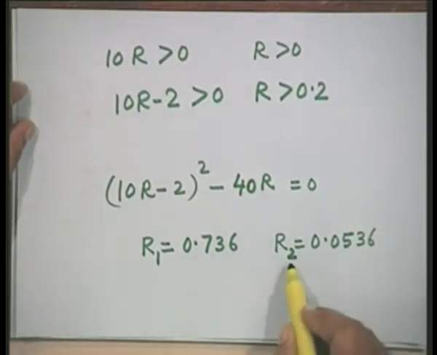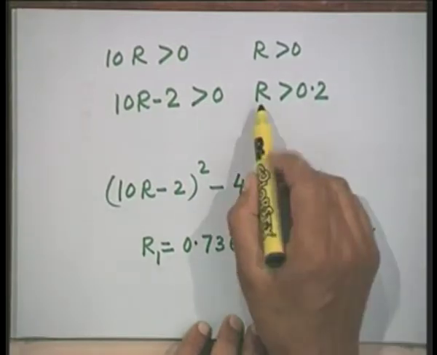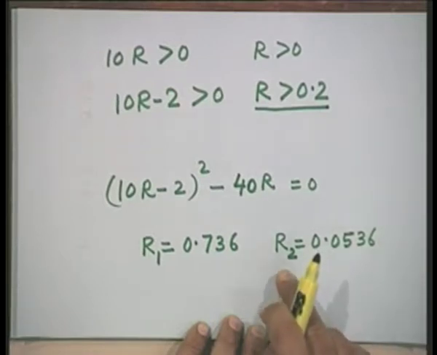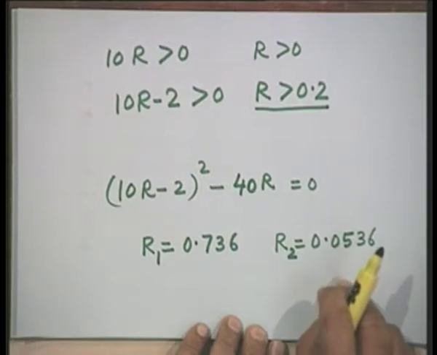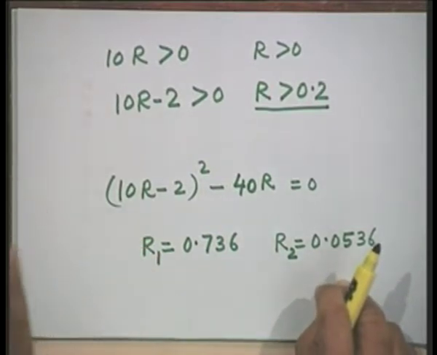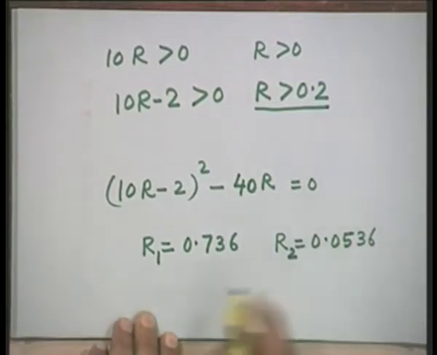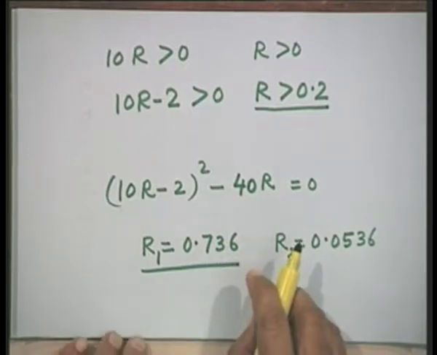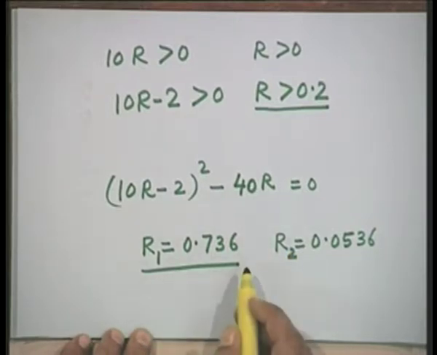But R2 equal to 0.0536 does not meet the requirement that R is greater than 0.2, and it will result in a damping ratio of minus 1, that is, negative damping. With R1 equal to 0.736, it will have a critically damped response where zeta is equal to 1, but this is too high.